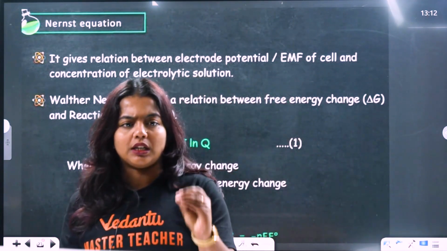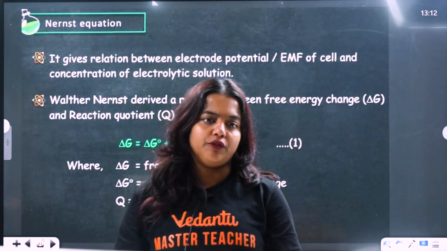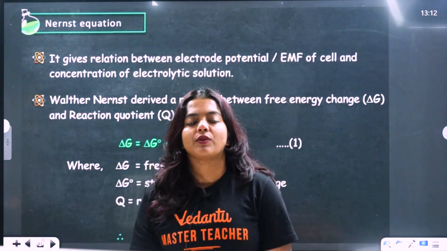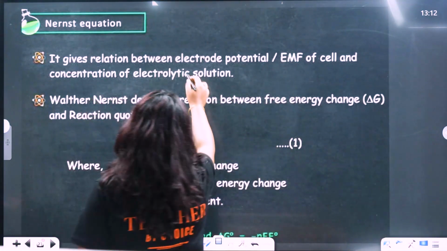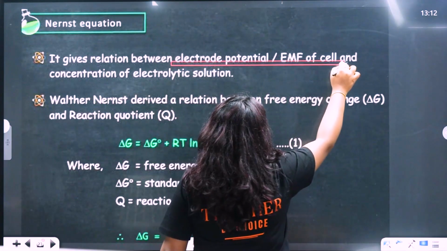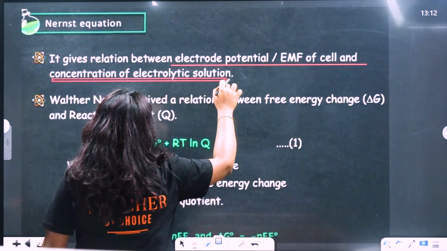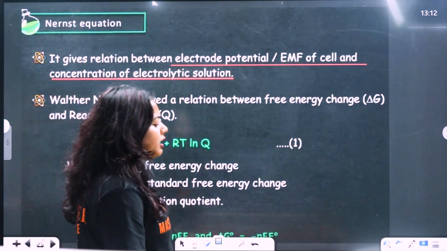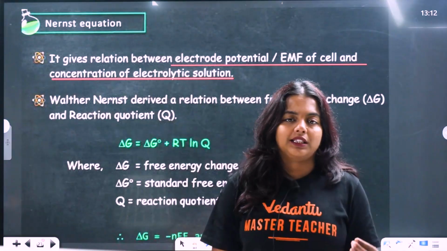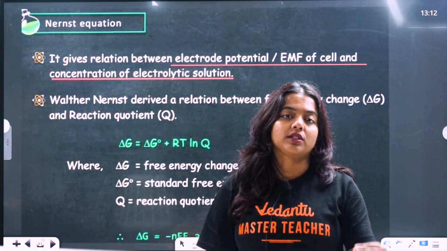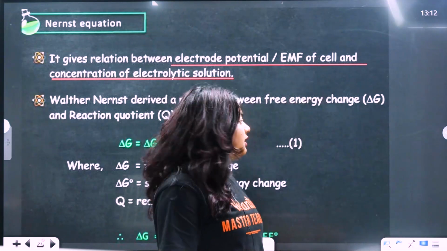Just knowing what the equation is, is enough. The Nernst equation gives a relation between the electrode potential, or the EMF of the cell, and the concentration in the particular electrolytic solution. We get this relationship from the Nernst equation.